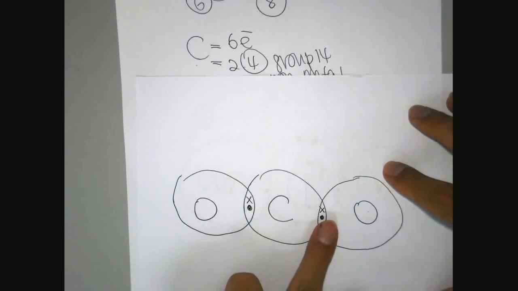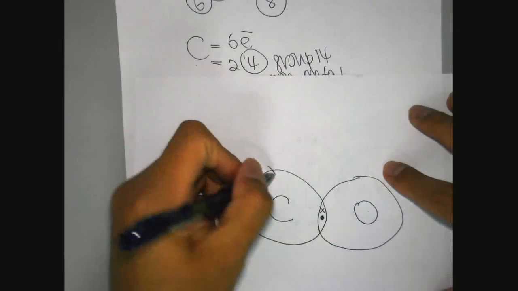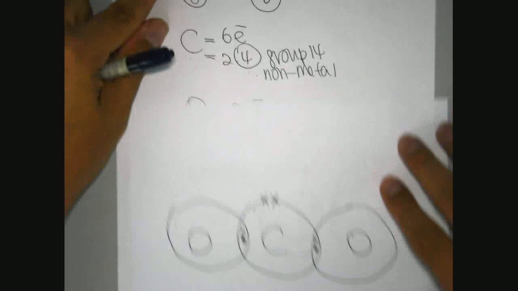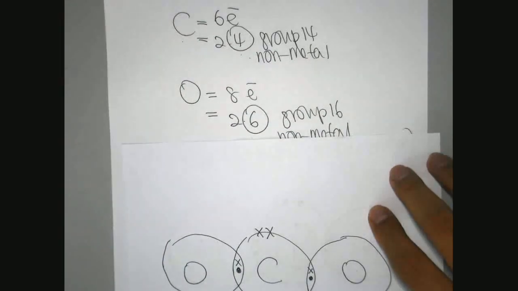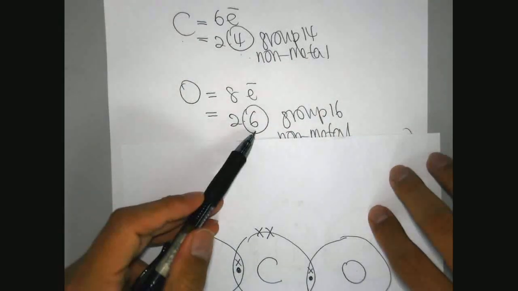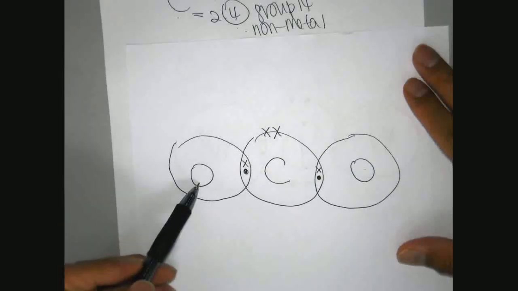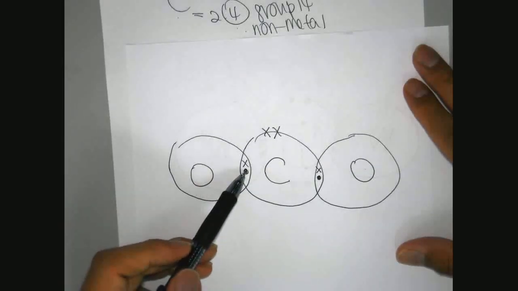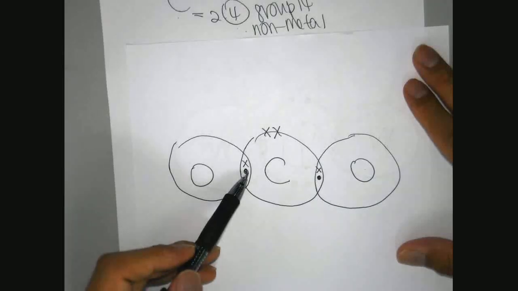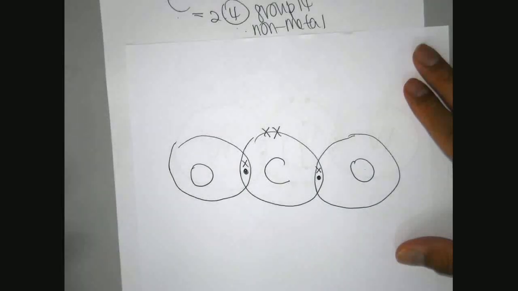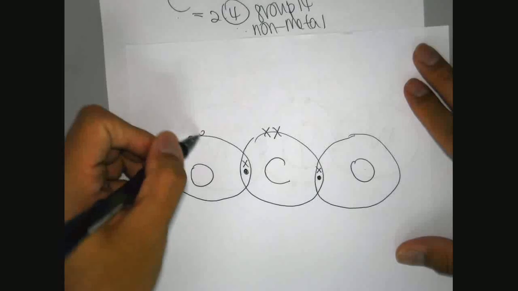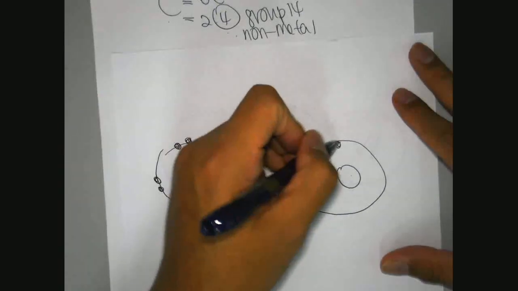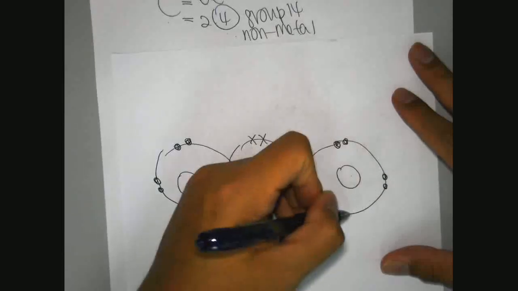I have 4, I use 2, so I have 2 more electrons left. Same thing goes for the oxygen. Oxygen has 6 outer electrons. As you can see, this oxygen only puts in 1 electron for sharing, which means that we have 5 more electrons outside. So we put 1, 2, 3, 4 and 5. 1, 2, 3, 4 and 5.